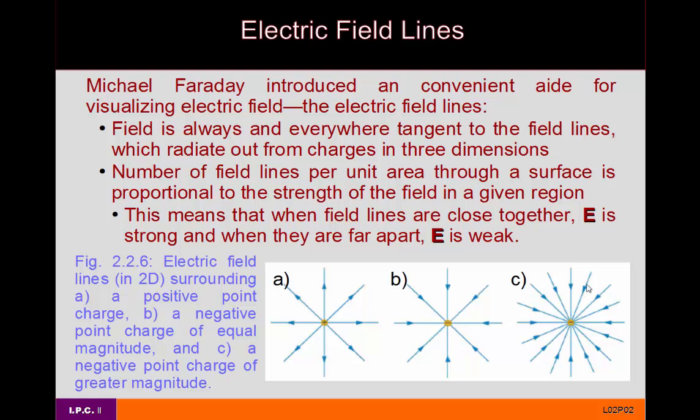And similarly, that means that the field here is twice as strong as the field at a comparable distance away from this charge. And similarly for this one, albeit in the opposite direction. So if you have field lines close together, then the electric field is strong, and if they're far apart, the electric field is weak.